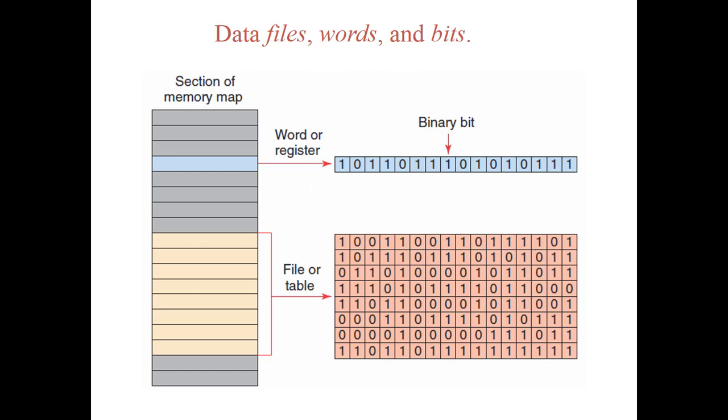As a smaller note, each one of these ones and zeros is called a binary bit, and it's binary because it can only be 2 states, 0 or 1. So this 16-bit register word right here is made up of individual bits, and then you group the words into a file or a table, and then this file or table means something to your PLC program and to your CPU.